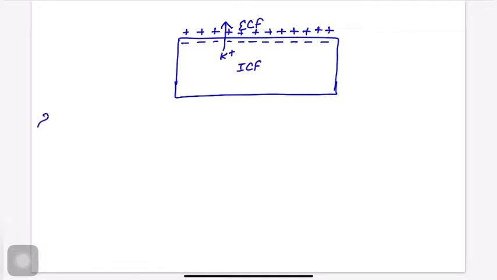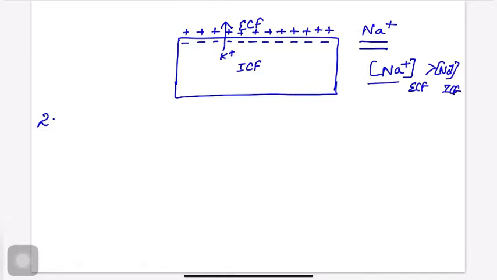The other causes of genesis of resting membrane potential include the relative impermeability of sodium. At rest, the membrane is relatively impermeable to sodium. As we know, sodium concentration is high in ECF compared to ICF, so there is a concentration gradient for sodium from ECF to ICF.